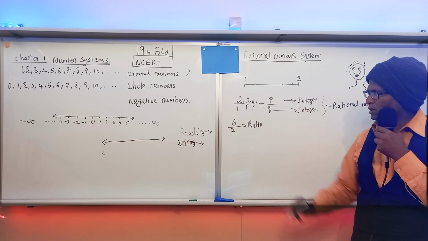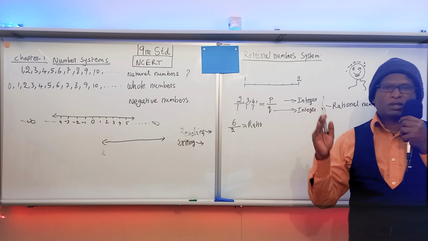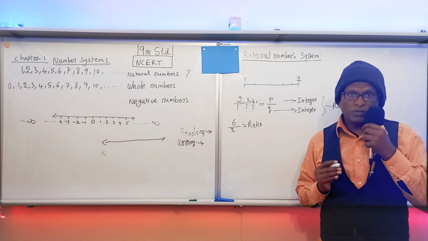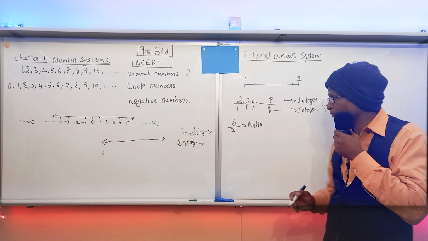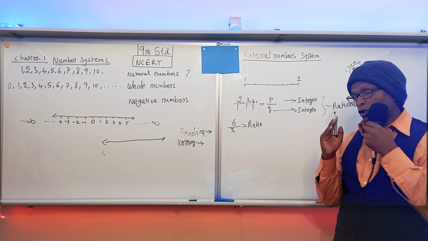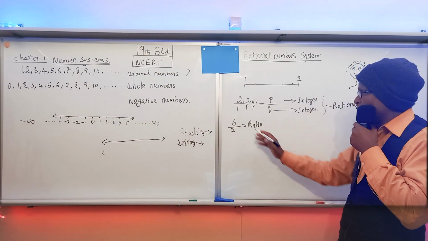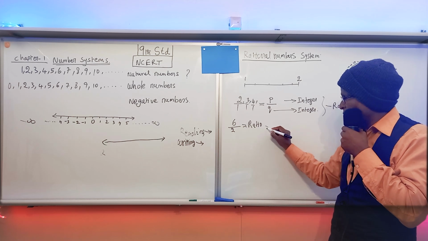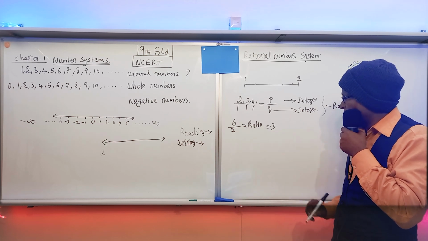I have 6 and you have 2, and how big is my number 6 in terms of your number 2? You had a brilliant idea to divide 6 by 2. What do you get? You get 3, right?